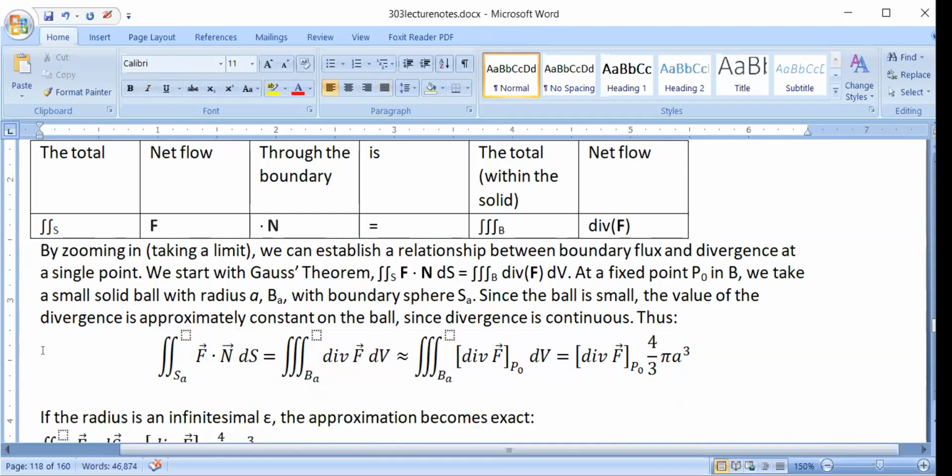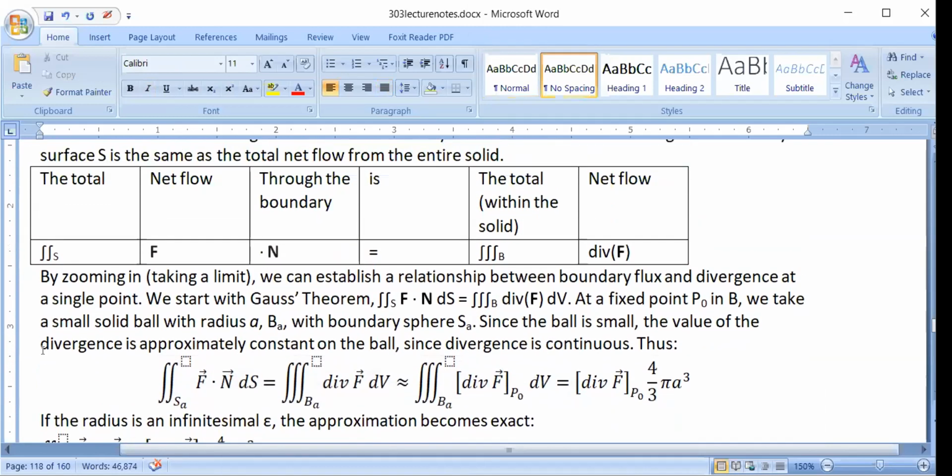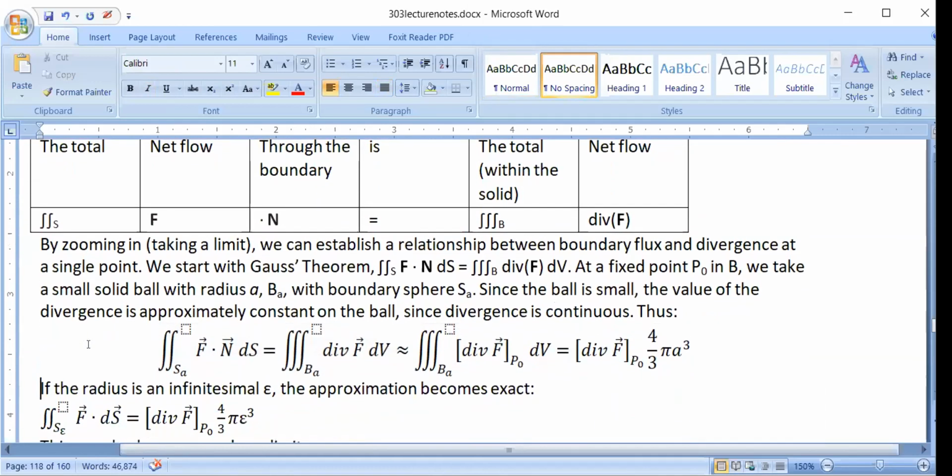Further, if the radius is an infinitesimal, then this approximation becomes exact. Of course, an infinitesimal, remember, is a number positive but smaller than every real number, just as a reminder. So one way to think of this is using infinitesimals.